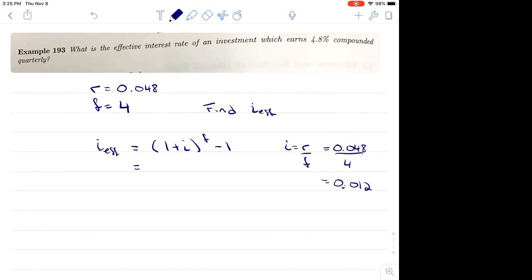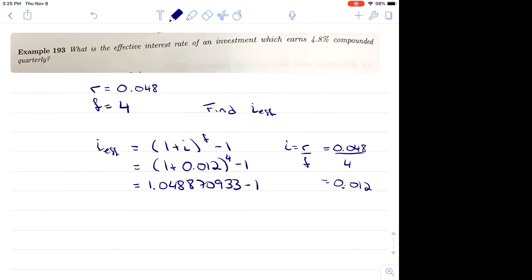So now we have 1 plus 0.012 to the power of F, which is 4, minus 1. That is 1.048870933 minus 1.